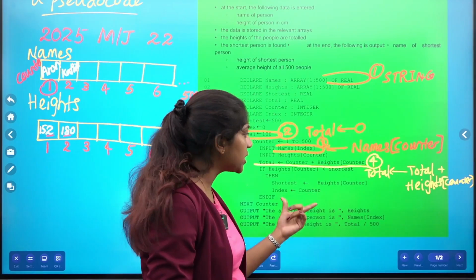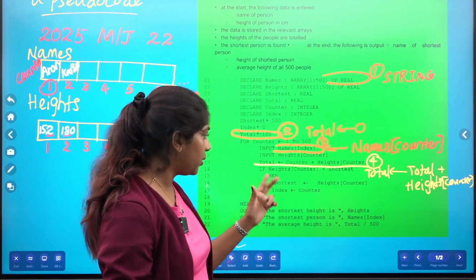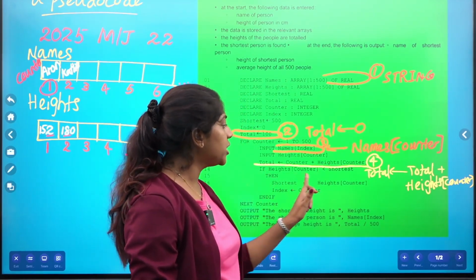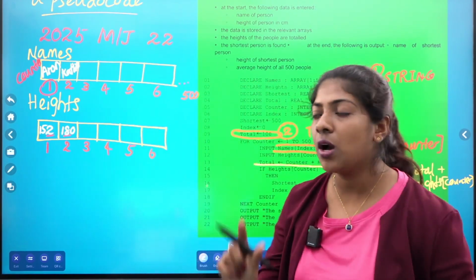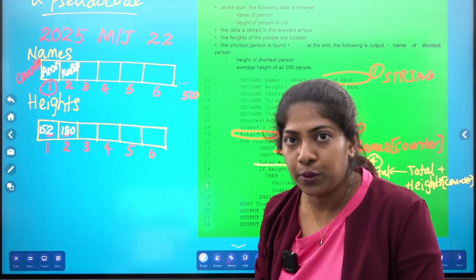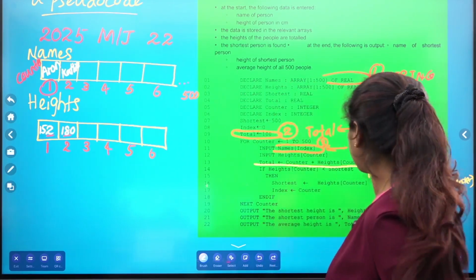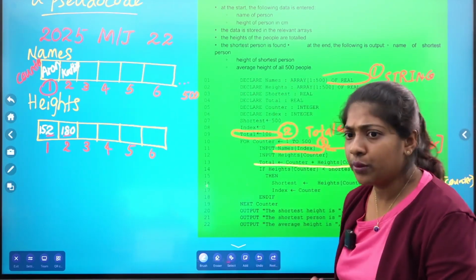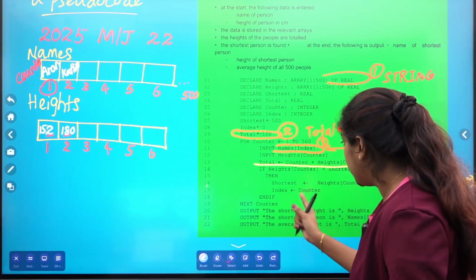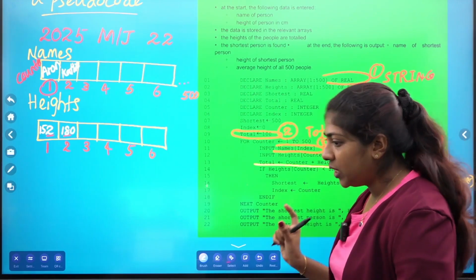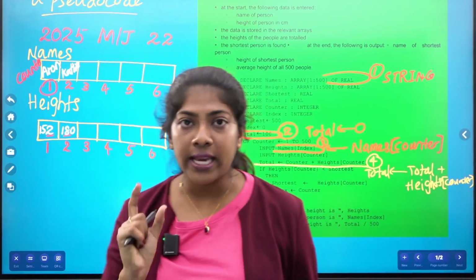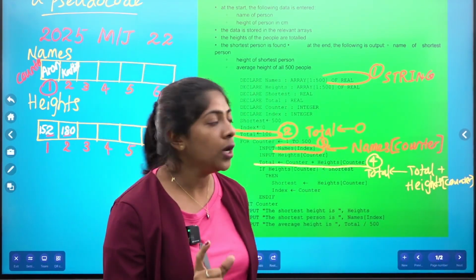That is what this code means. Then shortest equals heights counter, that particular counter's height value. No error in that line. Then index equals counter. We need to mark that counter value. Why?